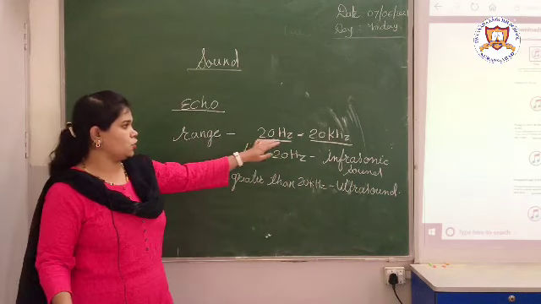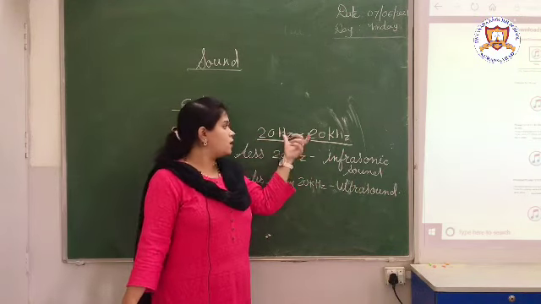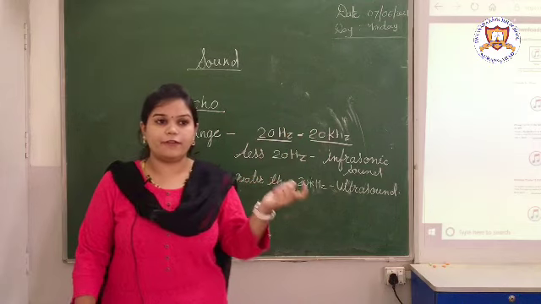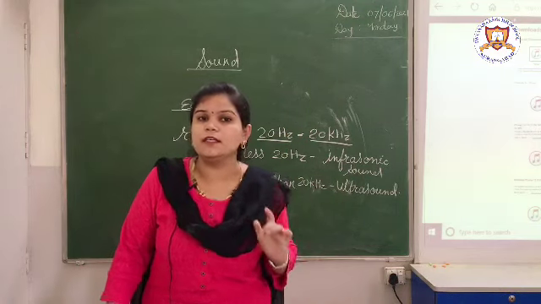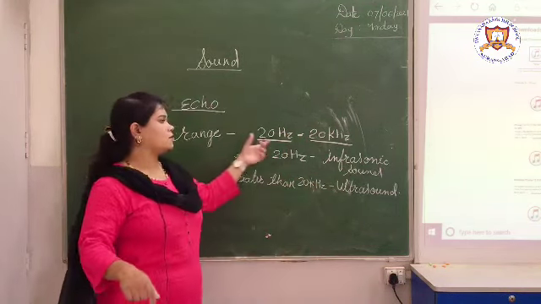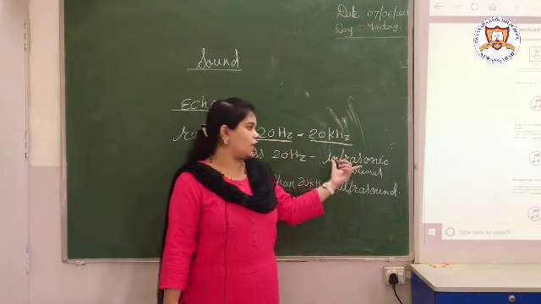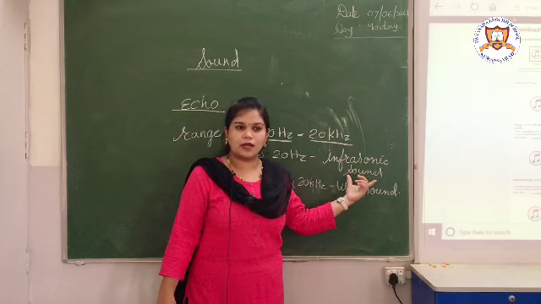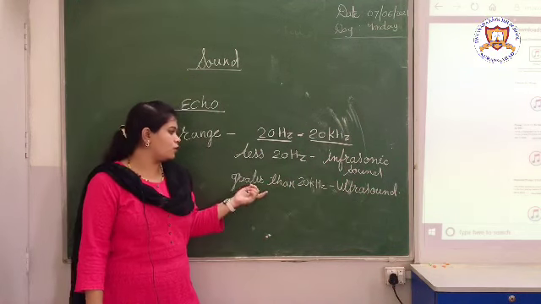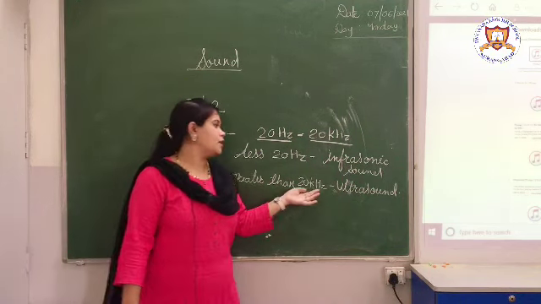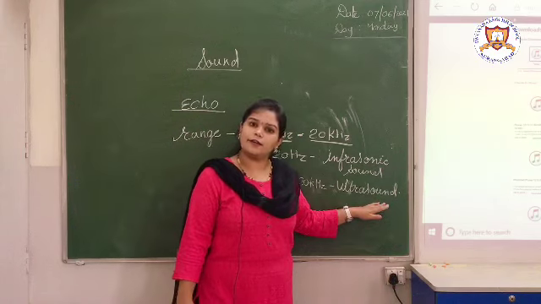So 20 hertz to 20 kilohertz is the audible frequency range which humans can hear. Below 20 hertz we humans cannot hear, so we call that infrasonic sound, and above 20 kilohertz we call it ultrasound.